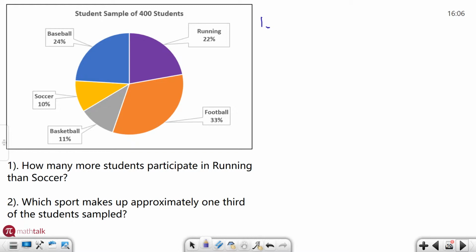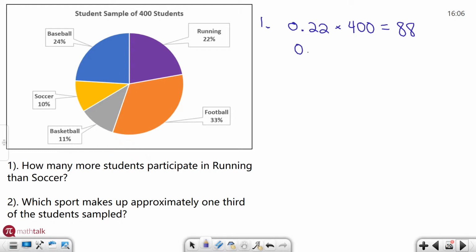So if I type in 0.22 times 400, that's going to get me the number of students in running. And that's going to end up being 88, which you again check on your calculator. It's always good to check your work on that. And then I need to compare that to soccer, 10% for soccer.